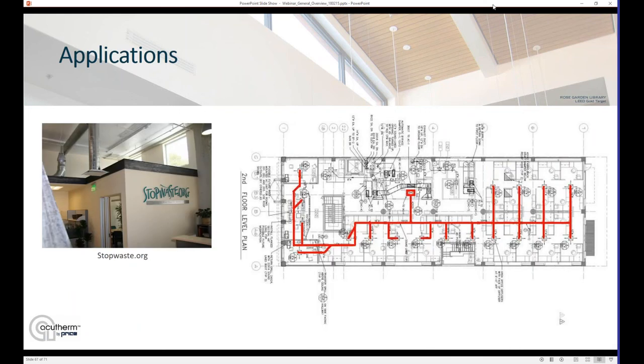The last one here, I mentioned it earlier, the stopwaste.org building, very highly energy efficient building. How were they able to do it? Well, it's an interesting building because it does have multiple exposures, and yet they've done it with a single air handler with no reheat. This is a great example of the LEED process at work, and there was a lot of collaboration prior to this construction beginning.